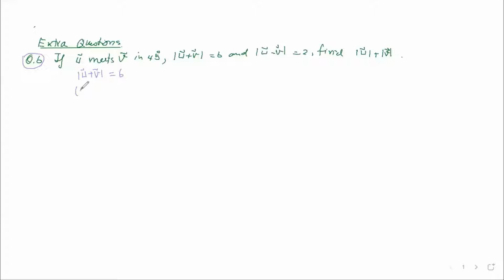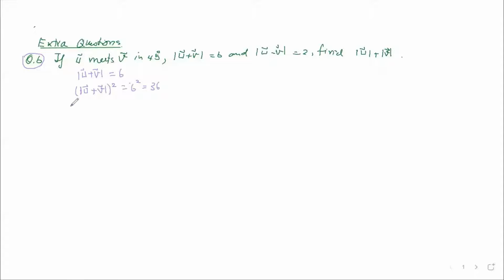So we're going to have the distance of this one, u plus vector v, the whole thing power 2, equal to 6 power 2. So it becomes 36.